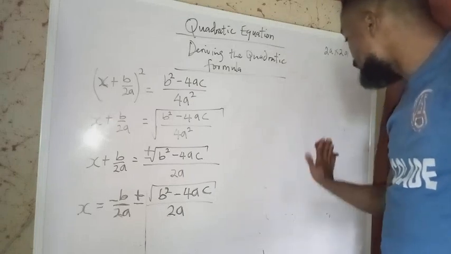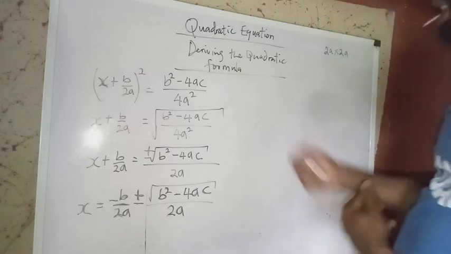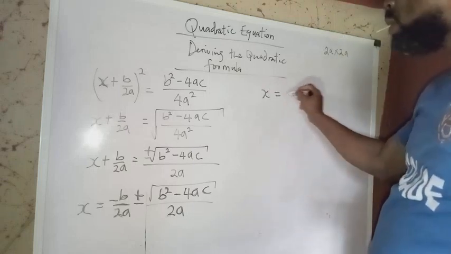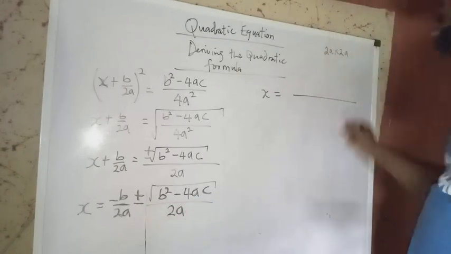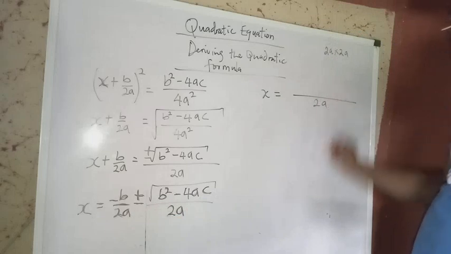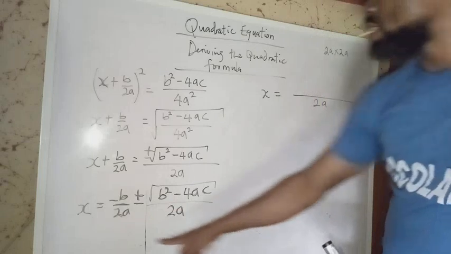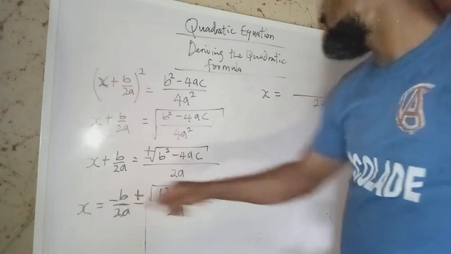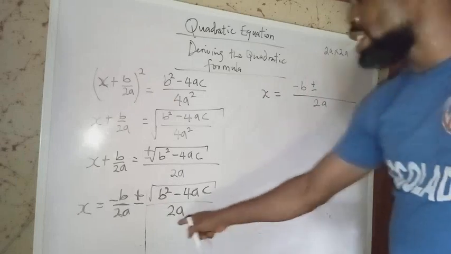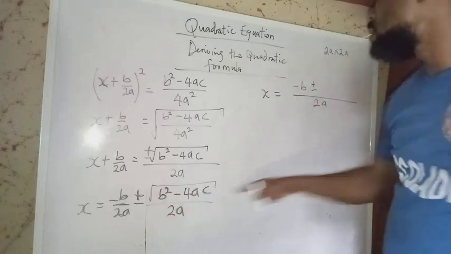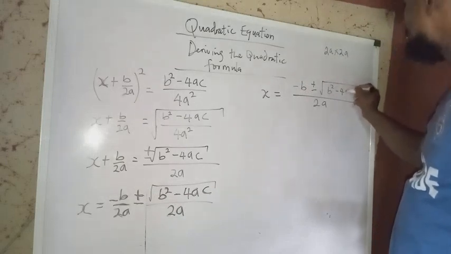And when working with fractions, if the denominators are the same, all you need to do is to take one. So this will become x equals, the LCM of 2a and 2a is 2a. So we now have 2a divided by 2a to be 1. 1 times minus b gives you minus b, plus minus 2a divided by 2a is 1 times the whole of this. It remains as square root of b squared minus 4ac.